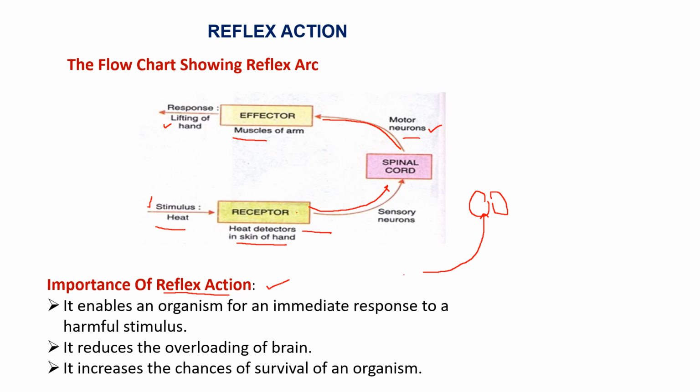By the time, your hand will really get damaged, it will really get burnt, right? So to avoid more damage or harm, our human body is well prepared for these kinds of reactions, right? So it enables an organism to respond immediately to a harmful stimulus, right?